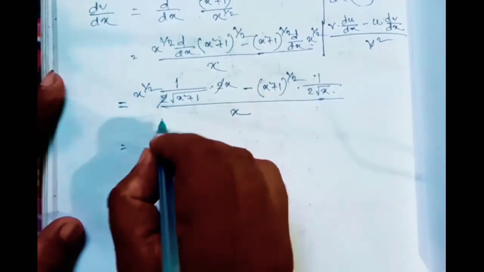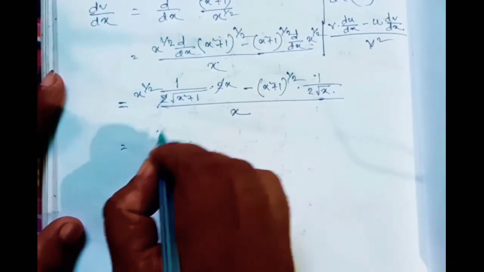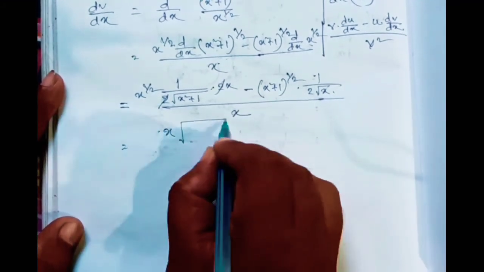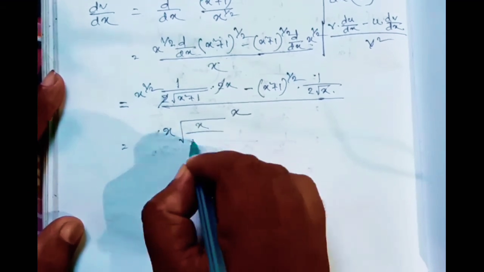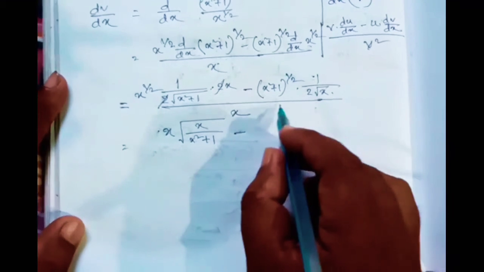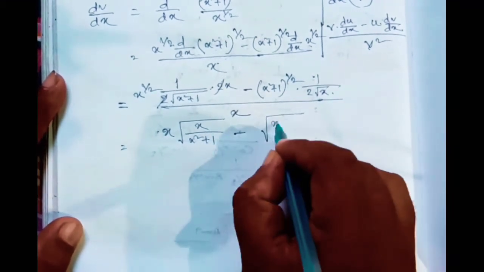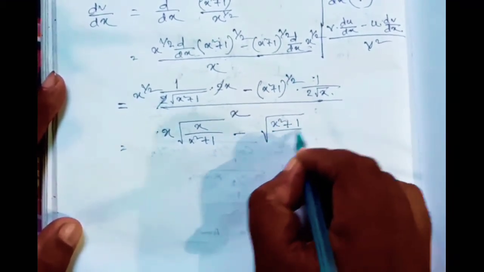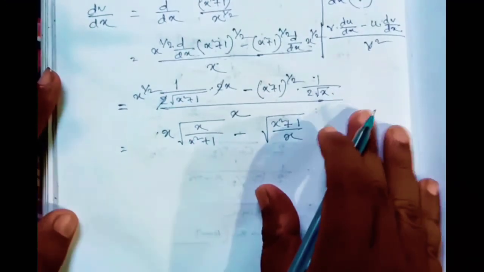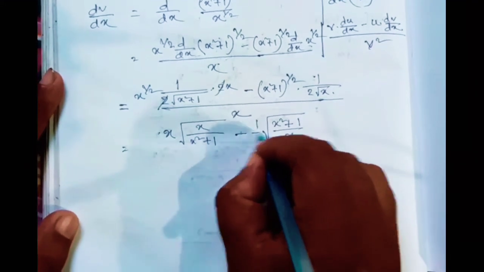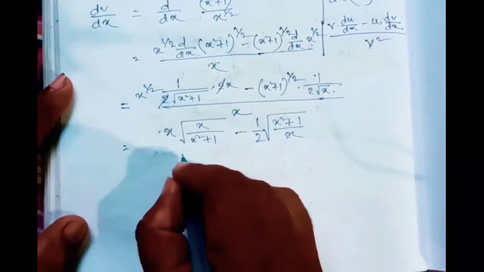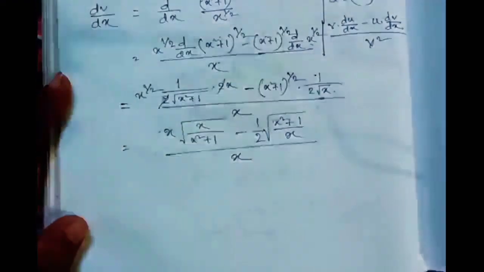So here we are getting x into root of x by x square plus 1, minus root of x square plus 1 by x, and obviously 1 by 2 is there, 1 by 2 should be there, divided by x here.